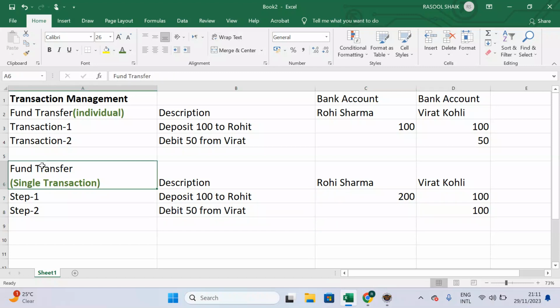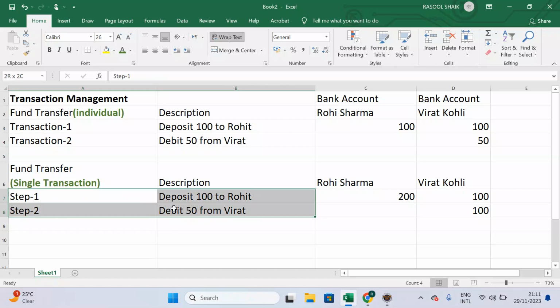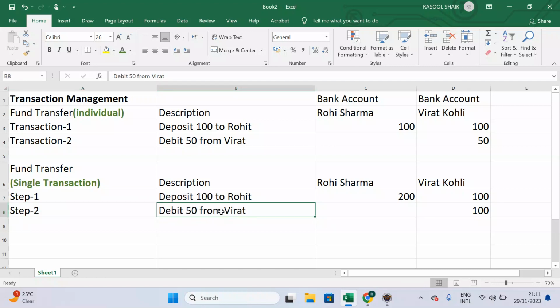As part of a single transaction, if you are performing two, three, or one database operations, either the whole transaction should succeed or all the operations should fail. This is nothing but transaction management.